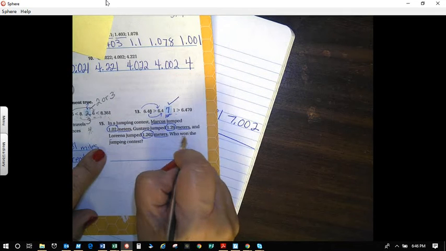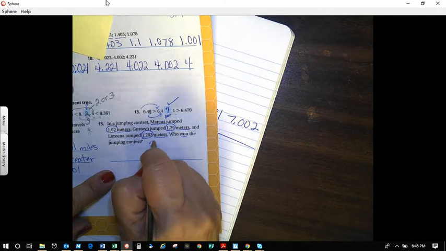So remember, when you're jumping, I'm going to draw this little line, and I have one person. So I have 1, 2, 3. This person jumped. Do they win? This person jumped. Do they win? And this person jumps. Do they win? So we're talking about jumping. Who won?